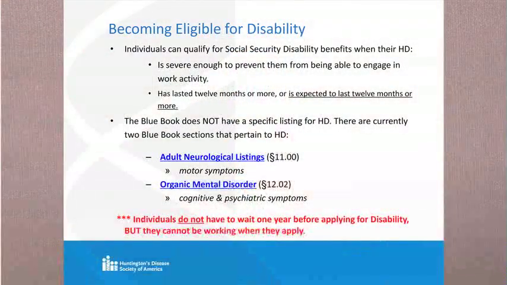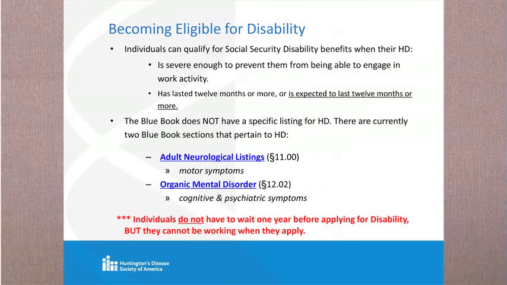Generally speaking, this is when people transition from stage 1 to stage 2 on the TFC scale. They are also eligible when it has lasted 12 months or more and is expected to last 12 months or more. Huntington's disease is a progressive disease, so once they've already qualified for disability, it's certainly going to be expected to last 12 months or more.